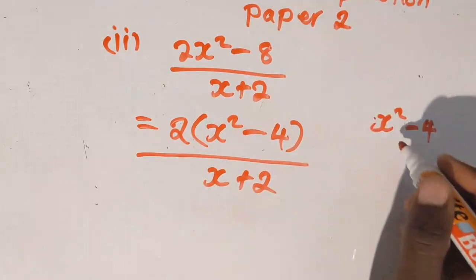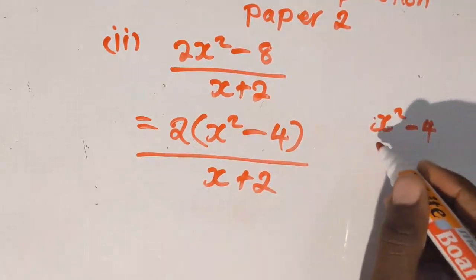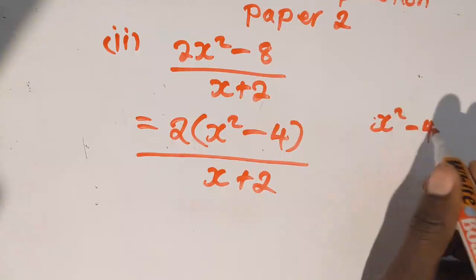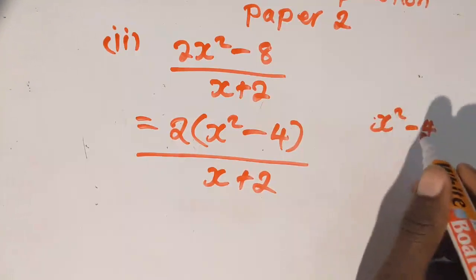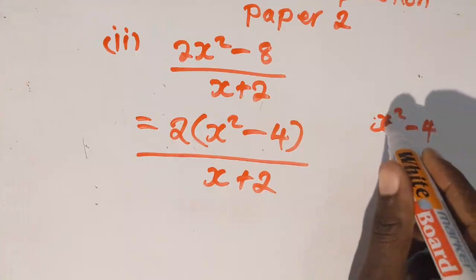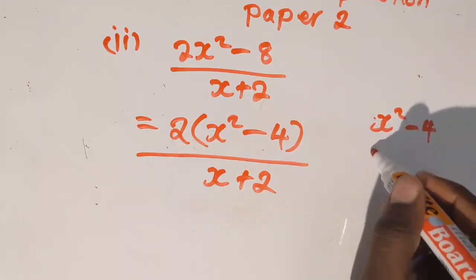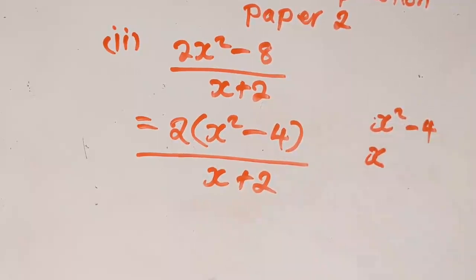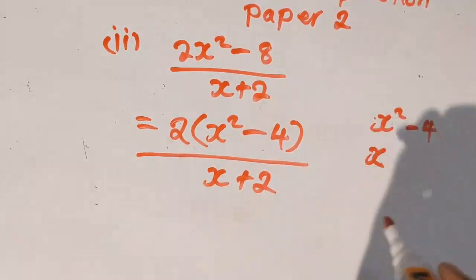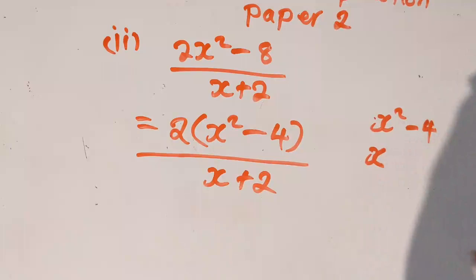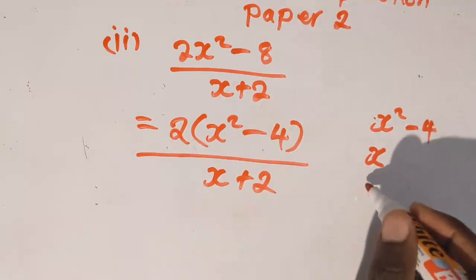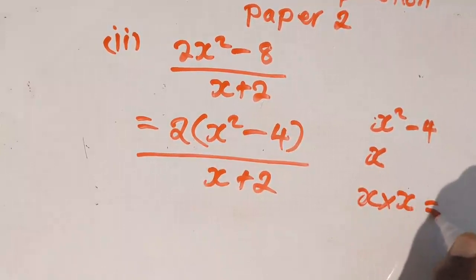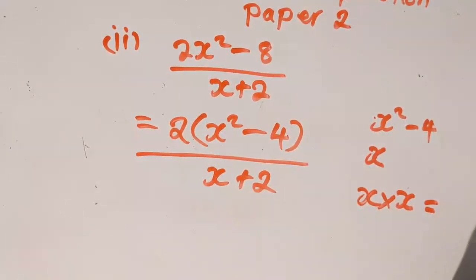Okay, so now what it means is that you need to find the square root of these two numbers here. The square root of x squared is just x. If you define it, a square root is a number that you multiply by itself to get another number. So when you multiply x times x, it is going to give you what? x squared.